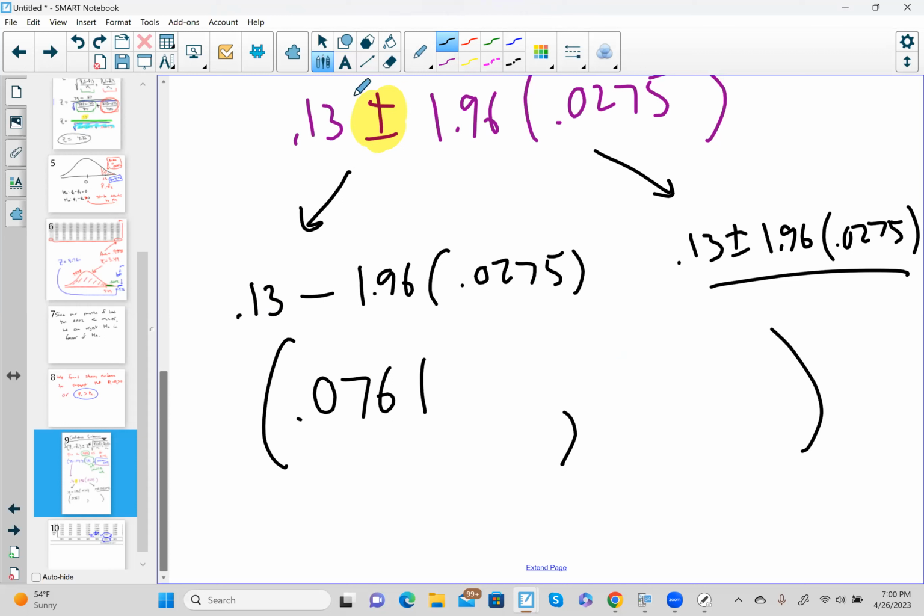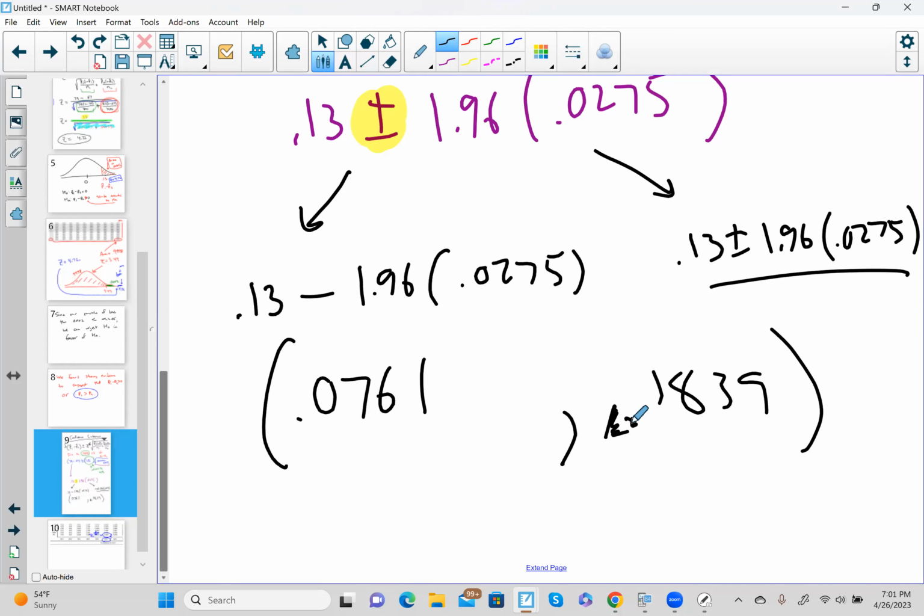It's not even letting me do that. Okay, so it glitched out. The other number here would be 0.1839. Okay.